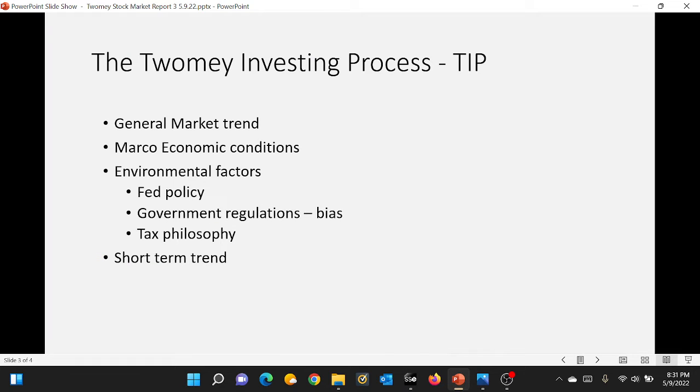Macroeconomics, environmental factors, nothing's really changed. There are some things starting to develop that we need to be aware of. As markets rapidly decrease here, even without interest rates rising, companies are going to start pulling back their horns. You've read on many of these websites that tech stocks and other companies lost billions in market cap over the last several days, and that has not only a psychological impact, but the CEOs and the CFOs start saying, wait a minute, we're losing stock value.